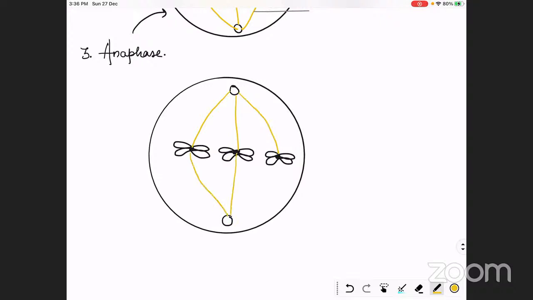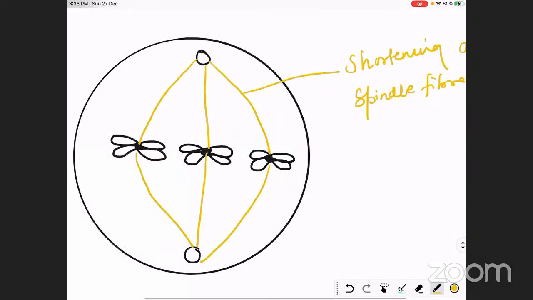Now there is shortening of the spindle fiber. So what will be the consequence of the shortening? The consequence of the shortening is the increased tension over this point. Tension over this point will increase.